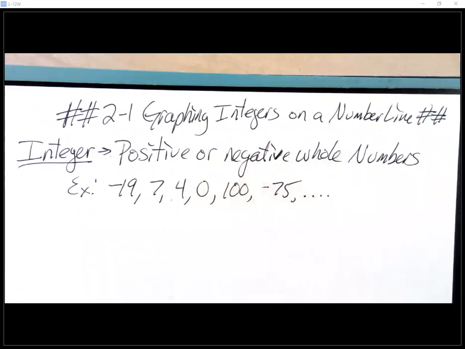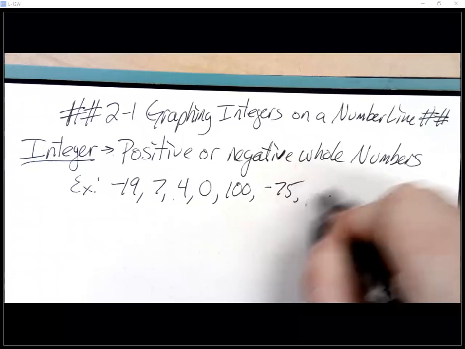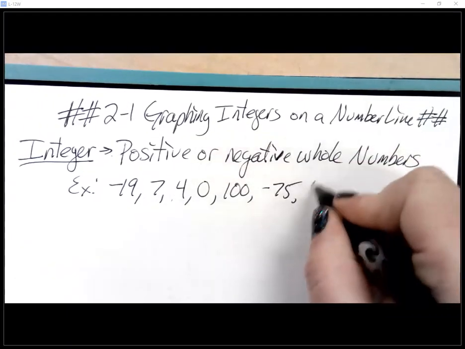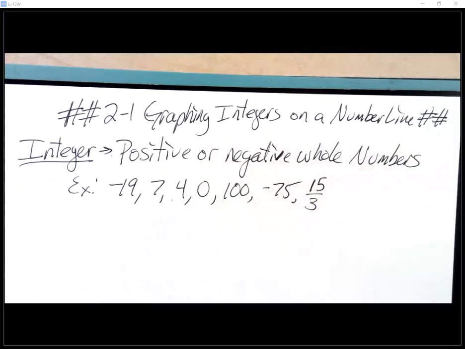Oh, you know what? I'm gonna give you one more example that's like a trick question. I could give you something like this. Because what is 15 over 3 really? It's really just 5. If that had been any other number, like if it didn't come out nicely, then it would not count as an integer.